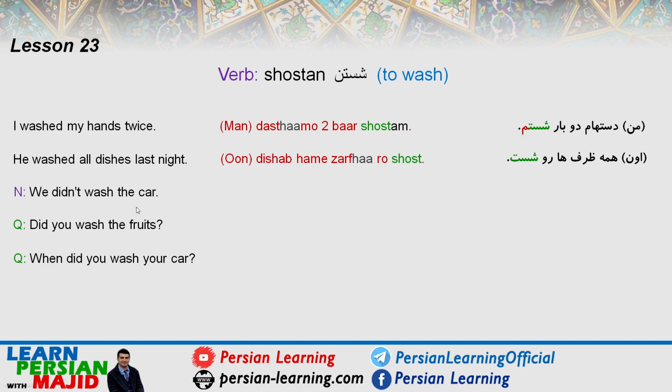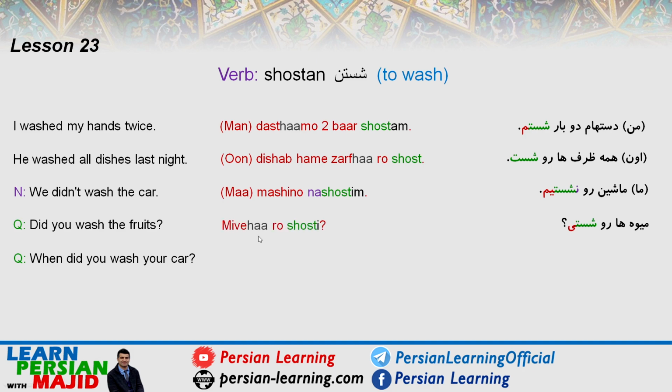We didn't wash the car. ما ماشین رو نشستیم. Did you wash the fruits? میوه ها رو شستی. When did you wash your car? It's your exercise. You can write your answers in the comment section if you like.